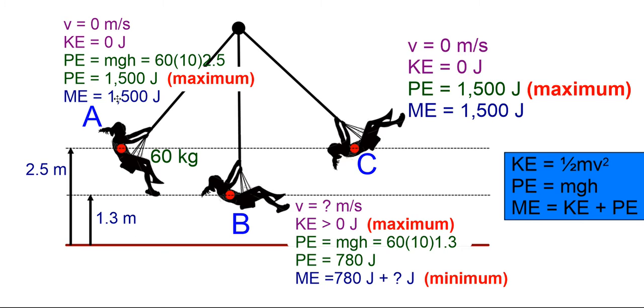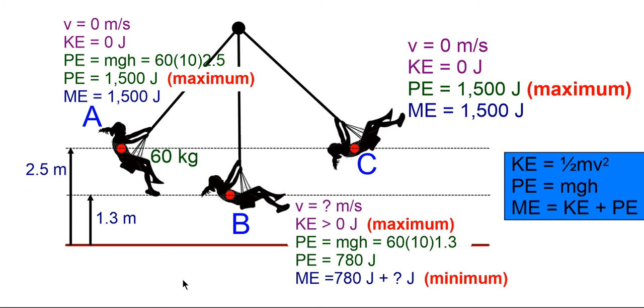And since mechanical energy is kinetic energy plus PE, there 0 plus that number is 1,500 for mechanical energy as well at the tops. She also goes to 2.5 height over here, so it's exactly the same here, isn't it? Again, with our assumptions, she's still reaching that height, 2.5. Good, same situation here: 0 kinetic, 1,500 potential, and 1,500 for mechanical.